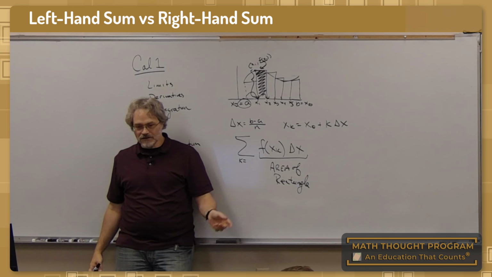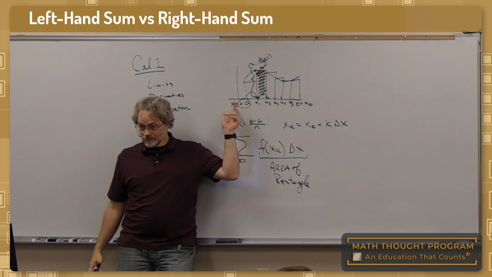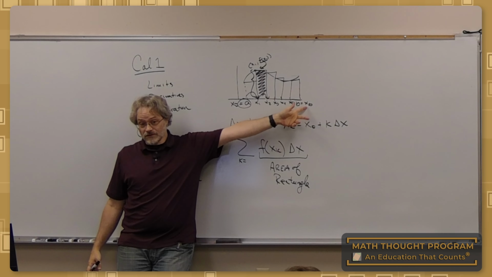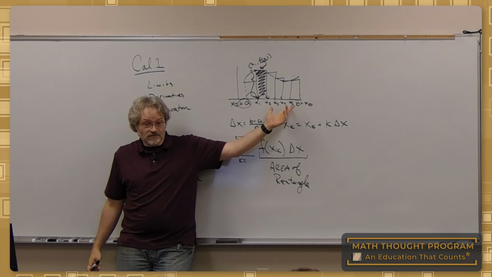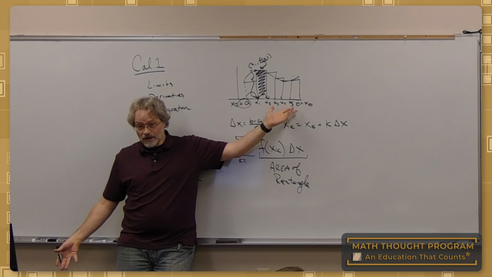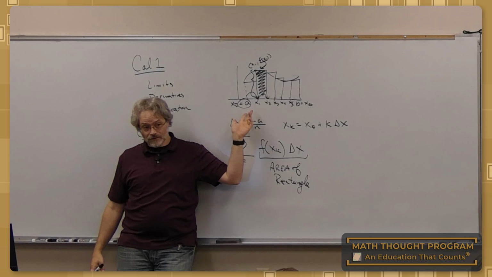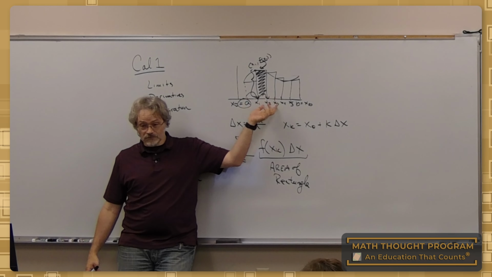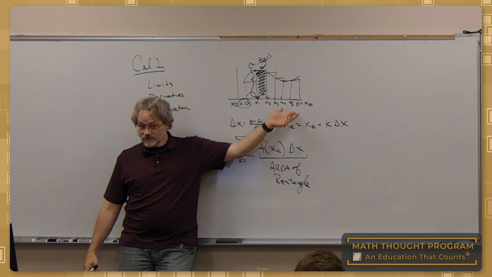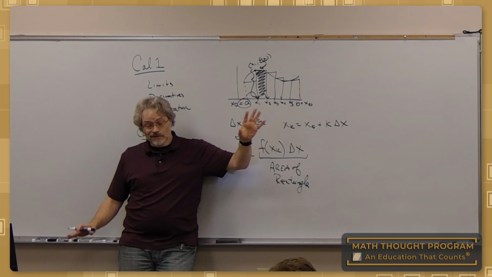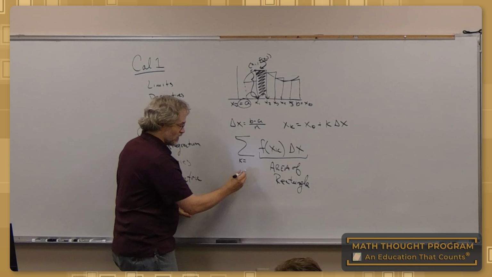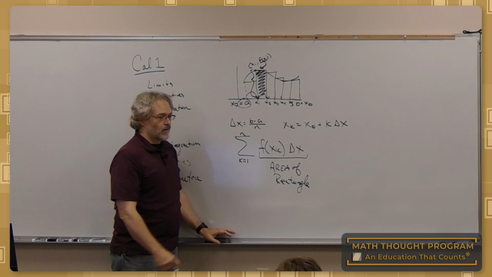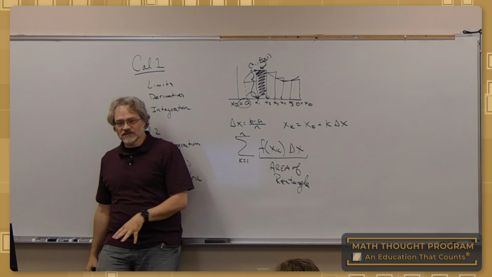If it's left hand, it starts off at 0, then 1, 2, 3, 4, and it doesn't include the right hand over here, it stops at 5. If it's right hand, then it starts off at 1, since it's using the right hand vertex. Then it goes 2, 3, 4, 5, and then also the 6. So if it's right hand, k is 1, and the upper bound up here is n.